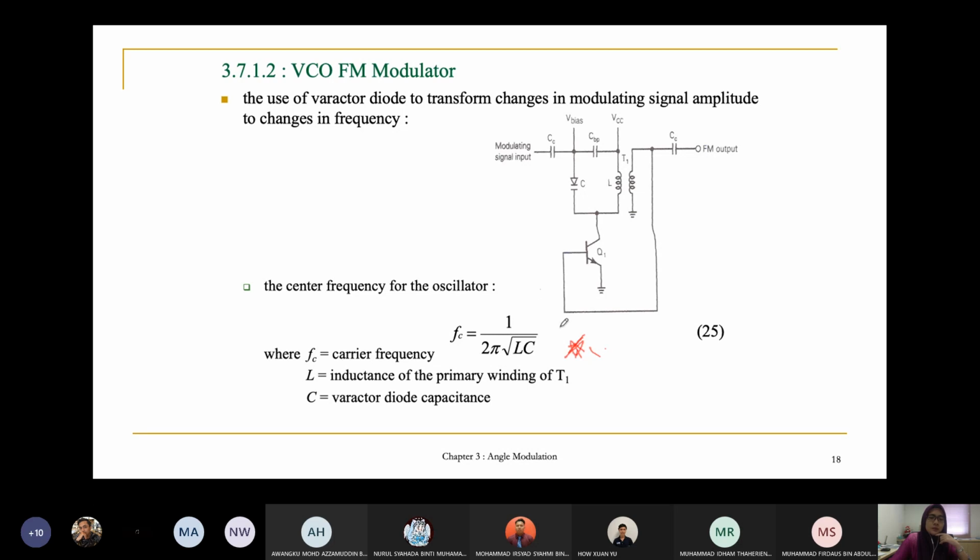From this formula you can see that Fc is affected by the value of C. This is similar to the previous statement that I explained, that for an FM modulator, how it changes Fc, the carrier frequency, is by changing the value of the capacitance in the circuit.